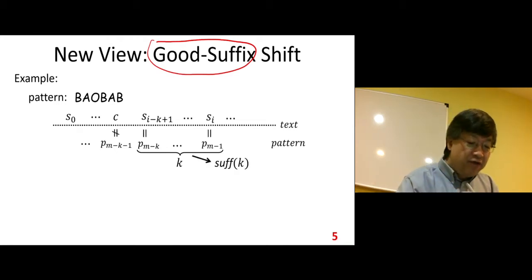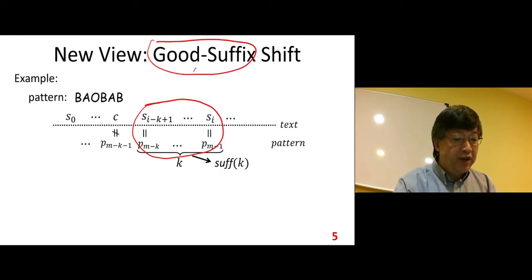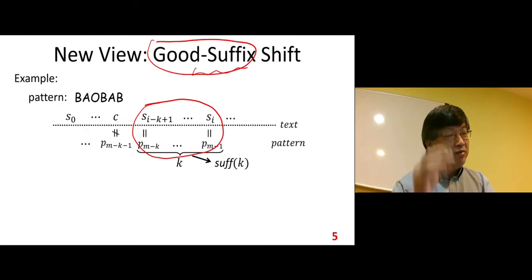This time let's focus on this part. That is the suffix of the pattern, right? Because all characters in the suffix part are equal, we call it good suffix. All matching, so good suffix.